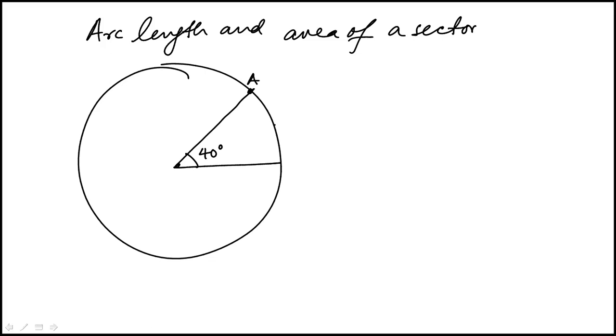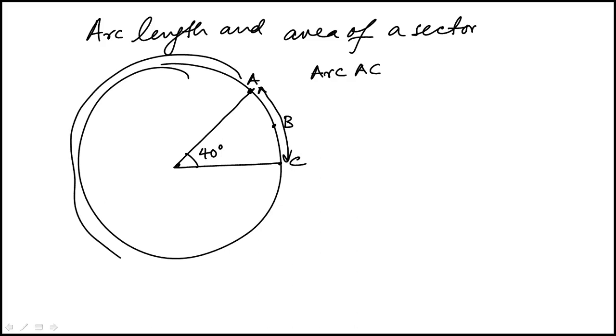And usually to describe an arc, we always use 3 letters, because if you just use arc AC, it's not clear whether we're talking about this arc here or this major arc. So by using 3 letters and saying arc ABC, it's clear that we're referring to this minor arc here.